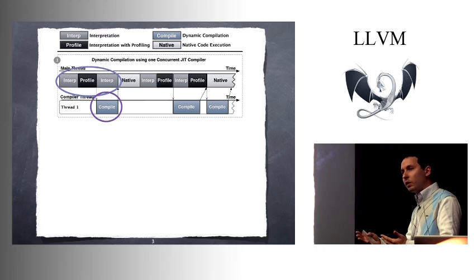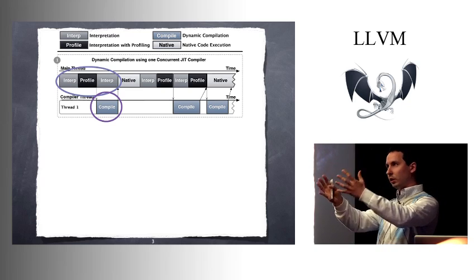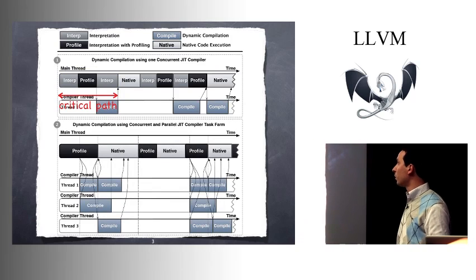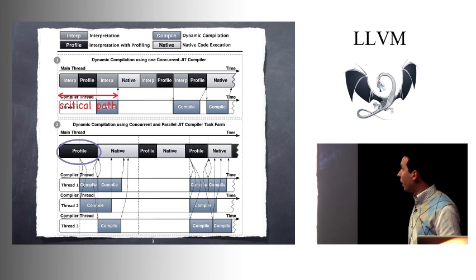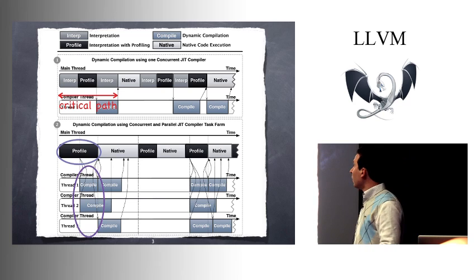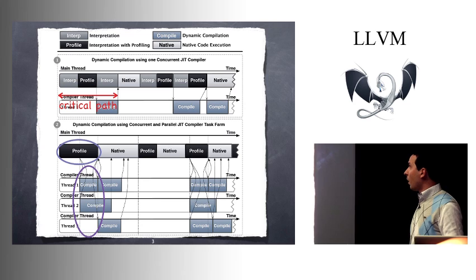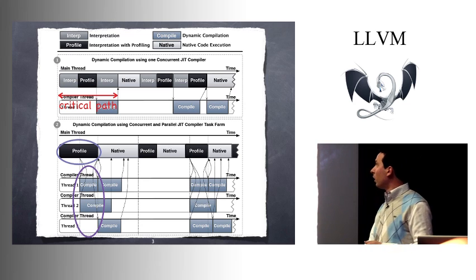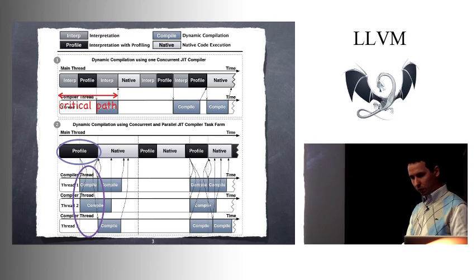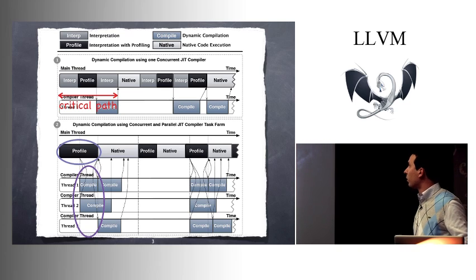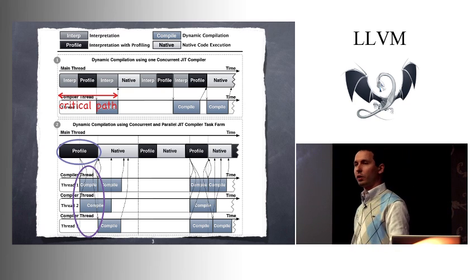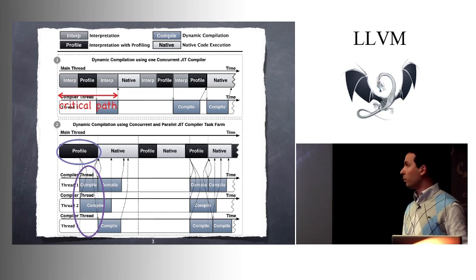Once you discover that there are hotspots, you note this fact and then dispatch the compilation to a concurrent JIT compiler thread. Once that is finished, it registers the native translation, and then your execution loop can perform this switch from interpretive to native execution. And you see this bit, which we like to call the critical path. That's what we like to make smaller.